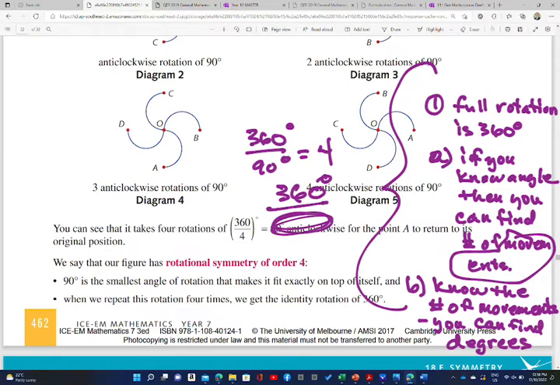So take 360 divided by 60, which gives me 6, right? So how many movements would it take to make a full rotation? 6 movements of 60 degrees would make a full rotation. So whatever you know, divide by that, and it'll tell you the other one. If I know how many movements, I'll divide by that number of movements. If I know the angle that it's moving, then I'll just divide by that.